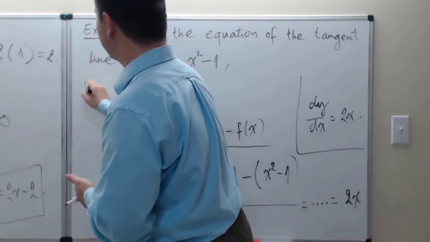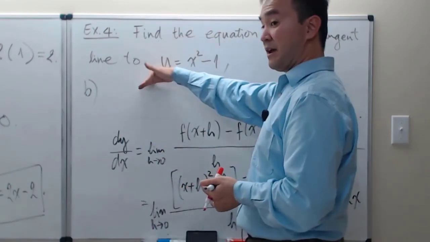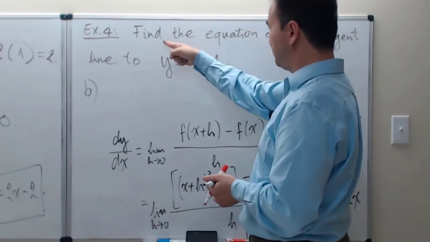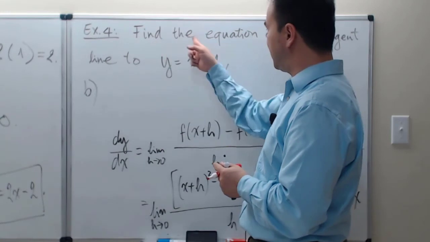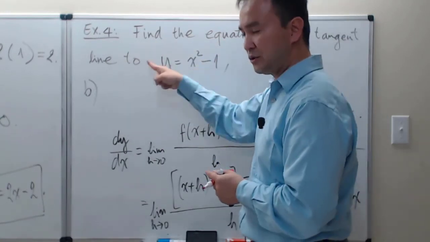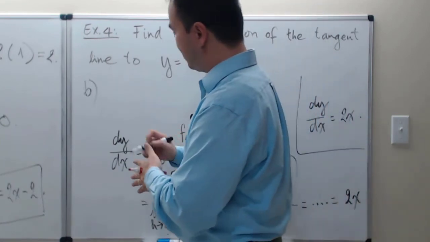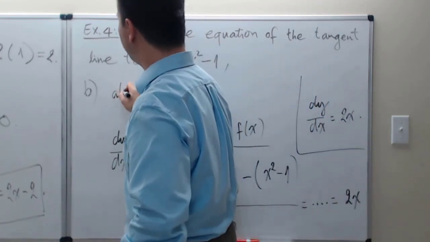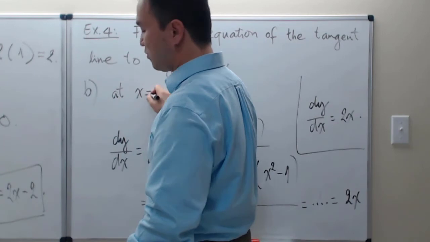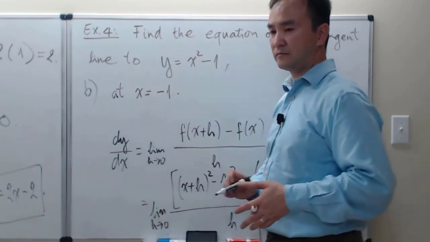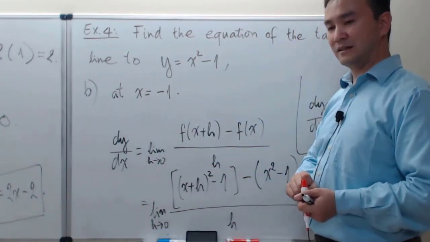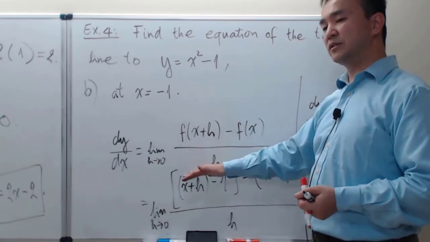But part B of the example, same function. So here's how it reads. Find the equation of the tangent line to y equals x squared minus 1. But now I'm simply switching to a different value: x equals -1.